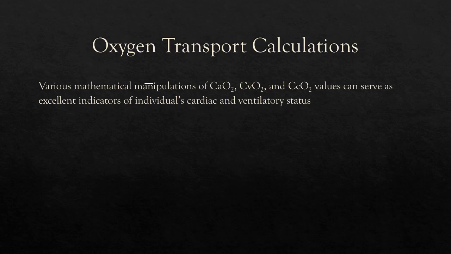With various manipulations of the content of oxygen, the content of mixed venous oxygen, and the capillary content, all of those values can serve as excellent indicators of an individual's cardiac and ventilatory status.